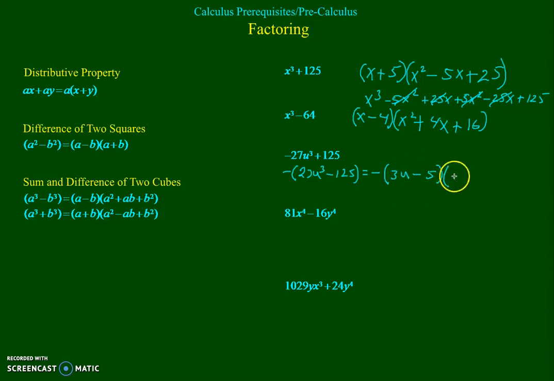So the first one is the square of the first term. So the square of this is 9u squared. Opposite sign, product, 15u, always positive, and the square of the second term. So there's not a whole lot different. The only difference is if you have this term up here, you have to make sure you include it in here.